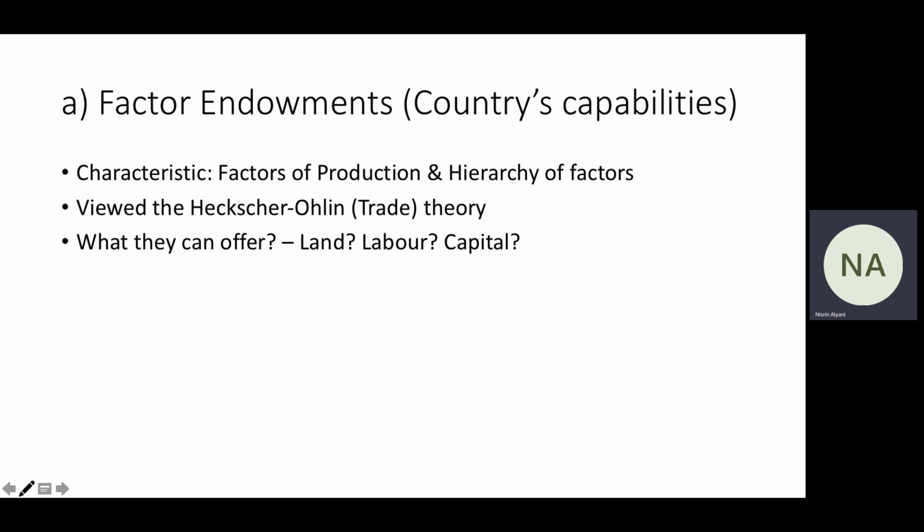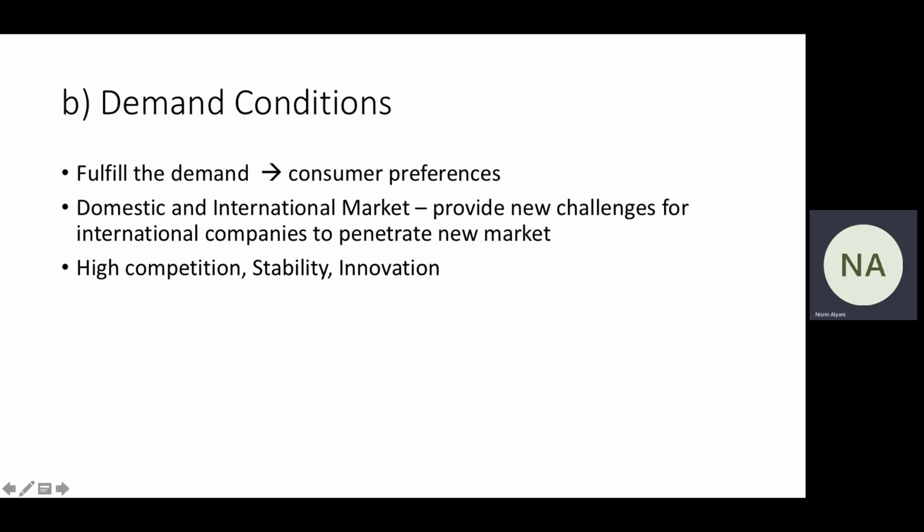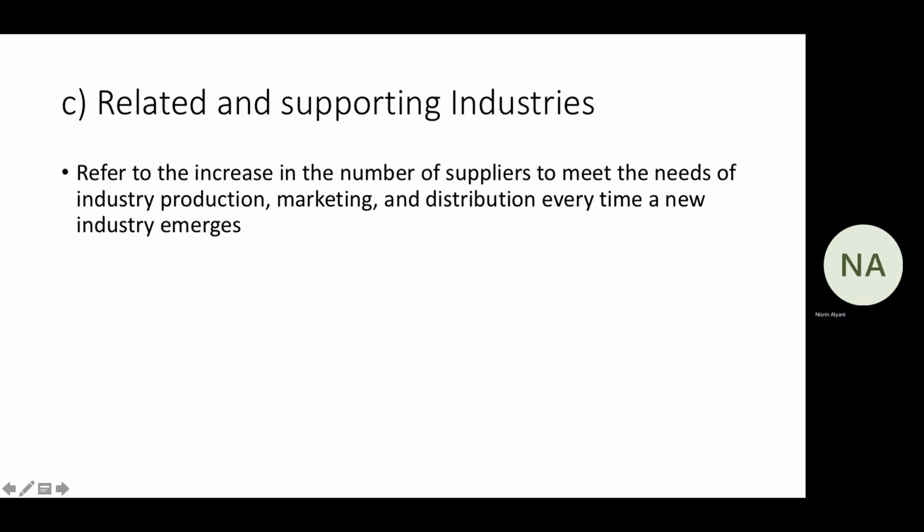So these are the several factors in Porter's diamond model. Factors and domains of the country's capabilities: we are able to provide more resources to traders. Are there any demands in the country? Do we have supporting industry?